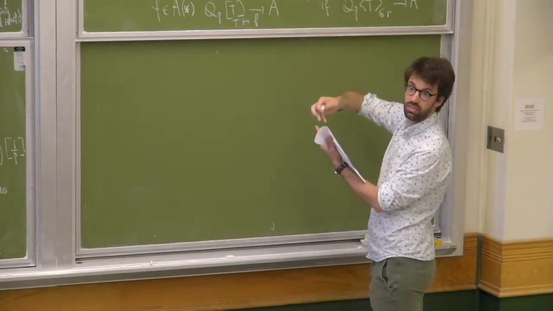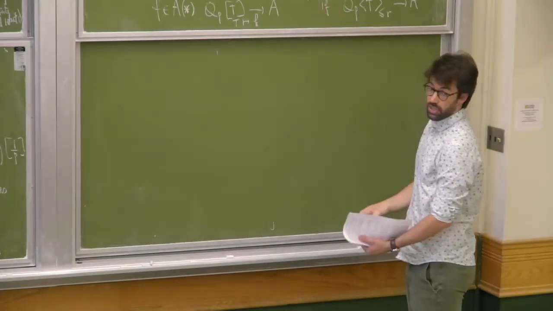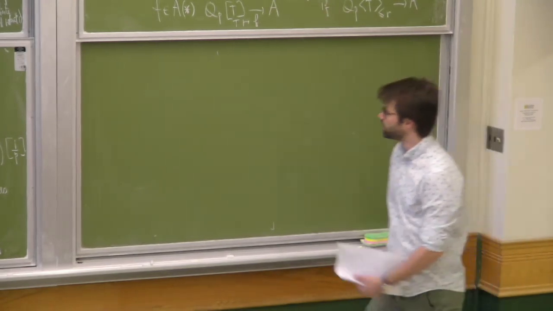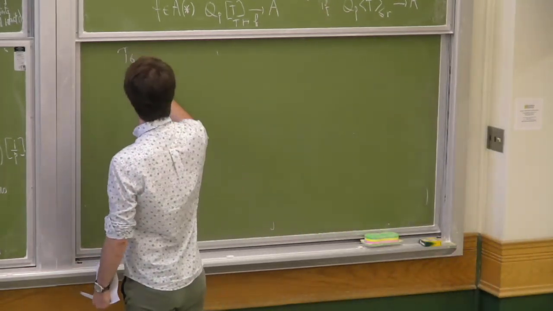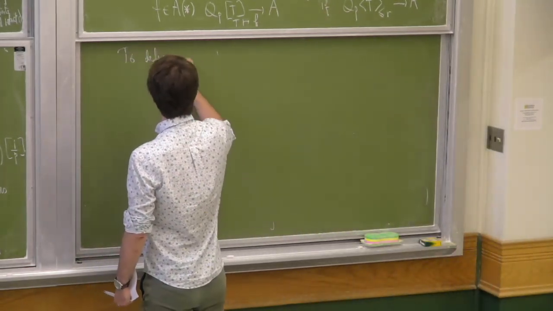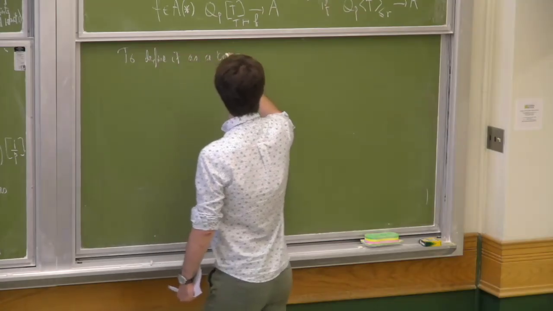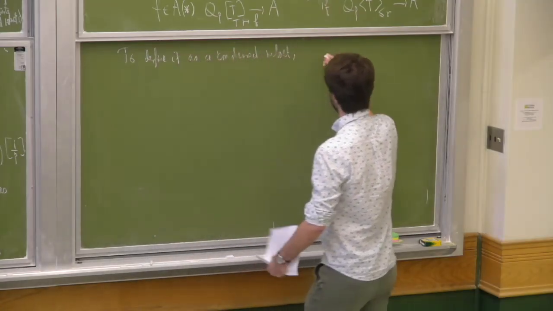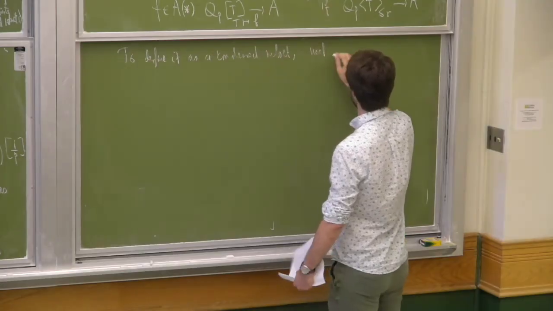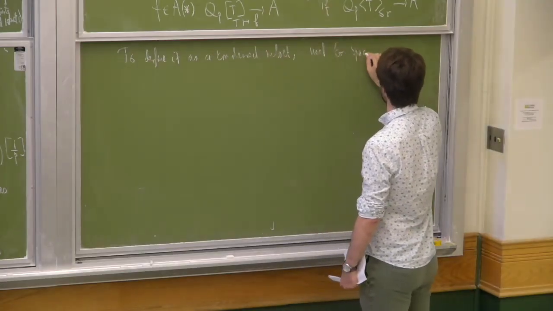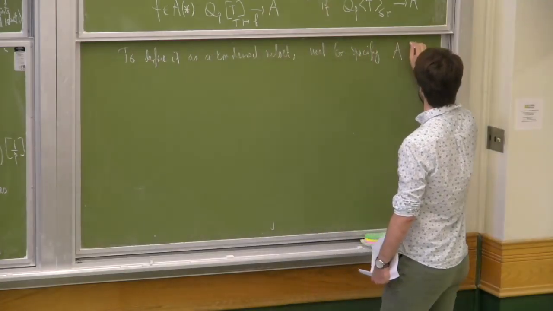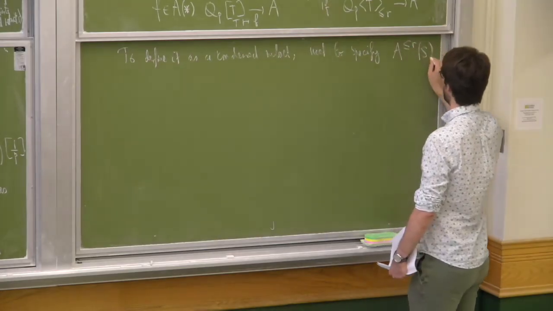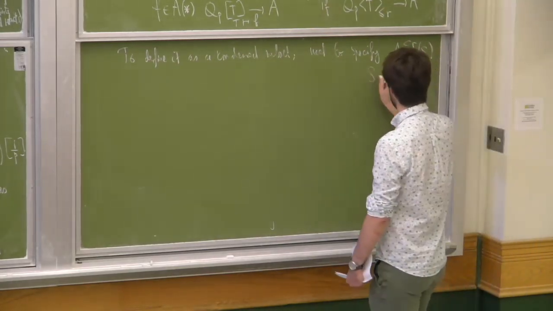You just define a subset of the underlying set of A. So to define it properly as a condensed subset, we really need to specify the values of what A_{≤R} is evaluated on any profinite set S.